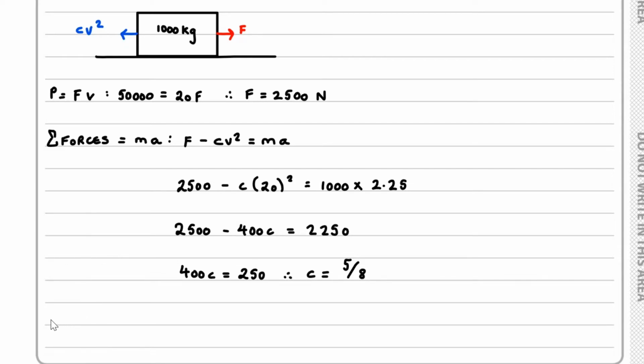So again, if we use P equals F times by V, we've got 50,000 equals 40 times by F. So therefore, F is equal to 1250.